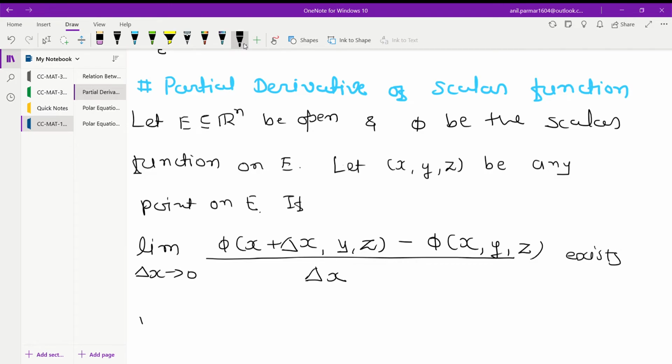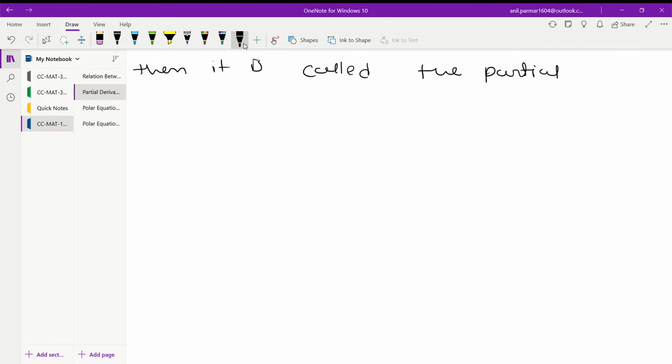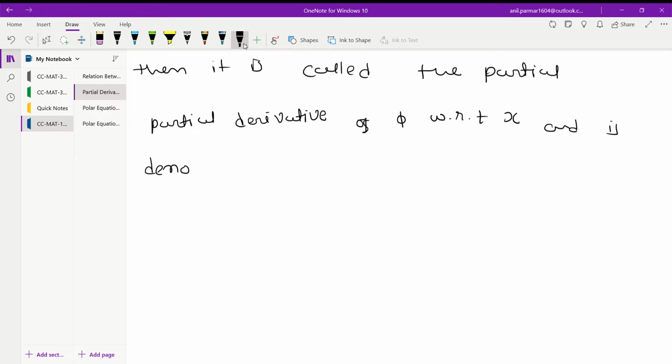then it is called the partial derivative of phi with respect to x and is denoted by del phi upon del x, or phi x.